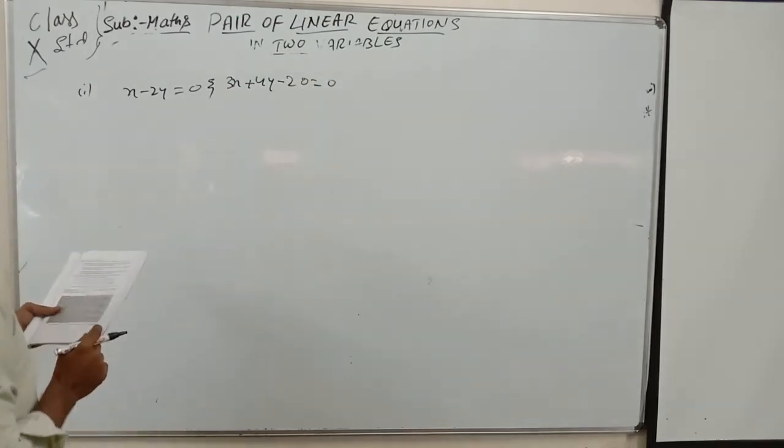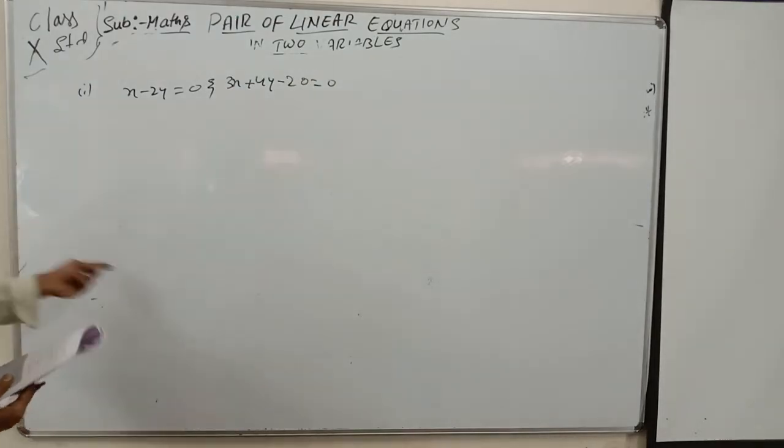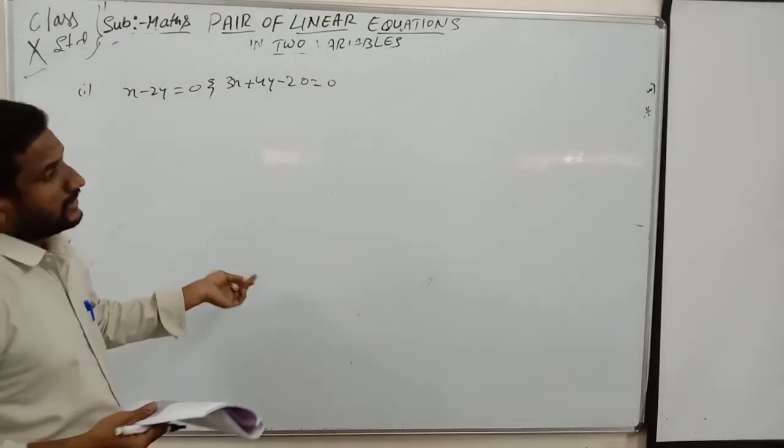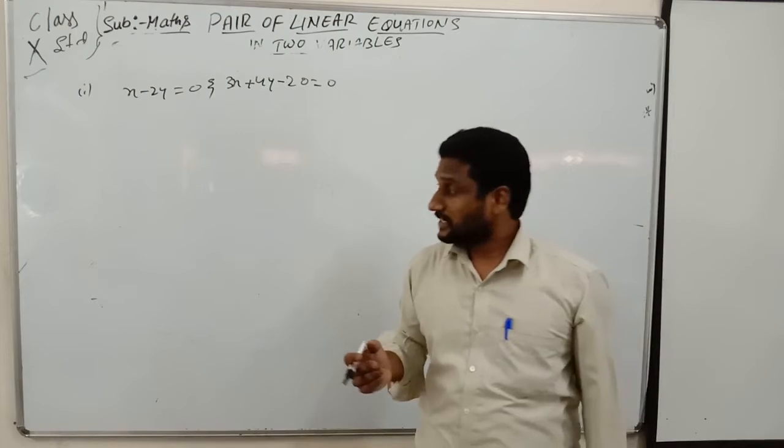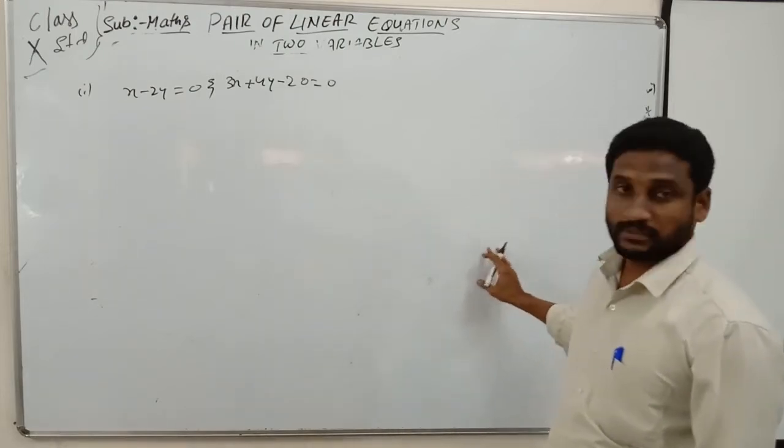Are the lines intersecting or not? How can I say that without further simplification?